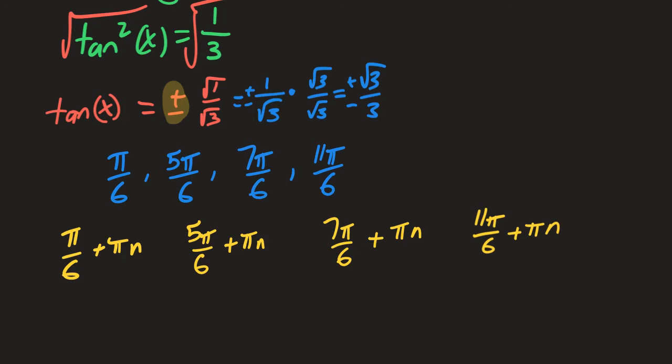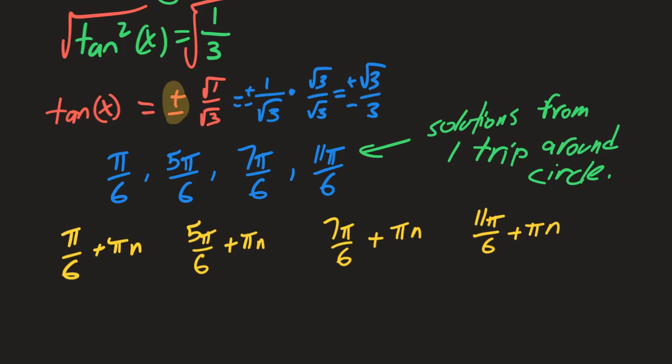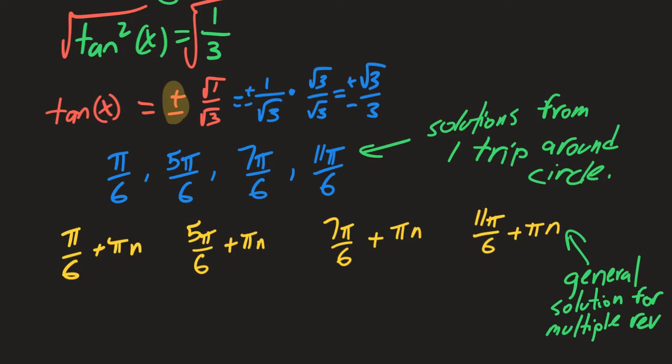And basically what we're doing is the first set of answers that we had come up with, these blue ones, are solutions from one trip around the circle, which means just that first cycle of the unit circle, or however you want to look at it. Now, the solutions that are in yellow, on the other hand, represent when you haven't limited your distance and you are working on general solutions, meaning that you could go around the circle once, twice, you could go forward or backward as many times as you wanted.